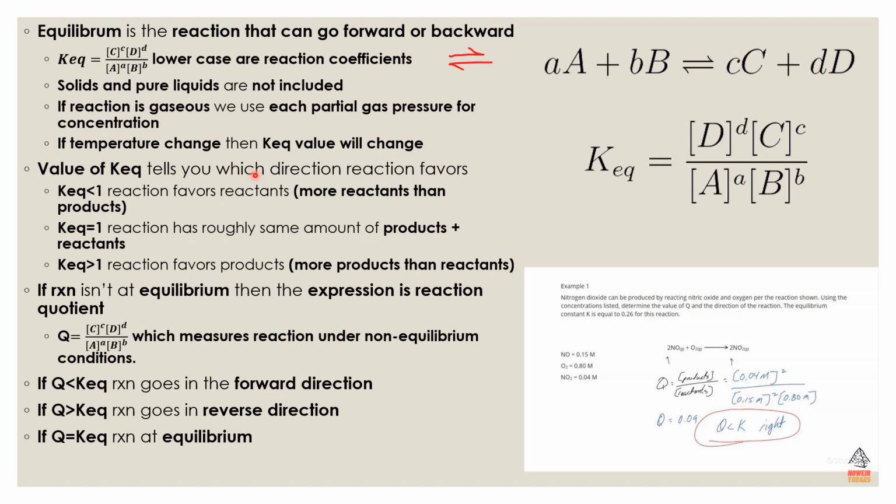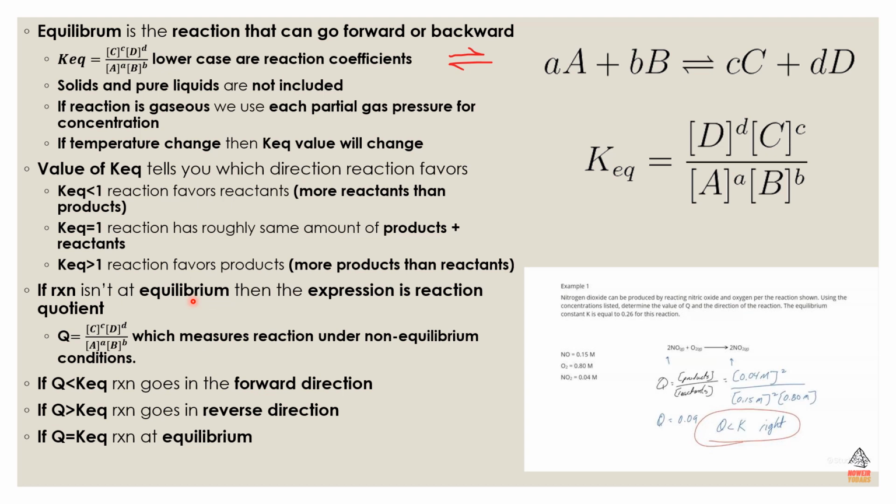But what if the reaction isn't actually at equilibrium? Then the expression is the reaction quotient. Alright, the reaction quotient is basically the same thing, the products over reactants, and it measures the reaction under non-equilibrium conditions. Now it's compared with the K equilibrium. So if the reaction quotient is less than K equilibrium, it means that it goes in the forward direction.